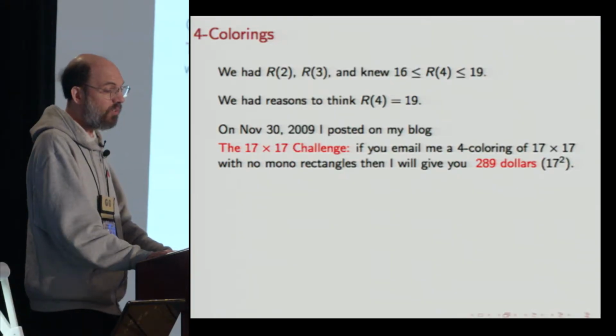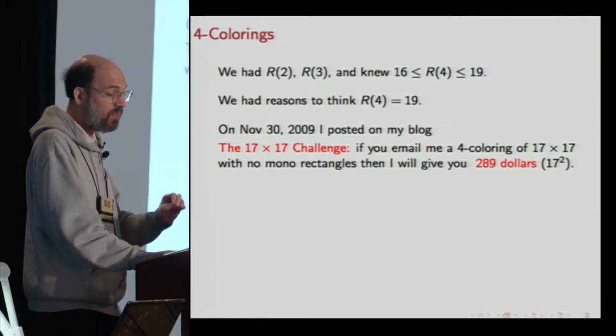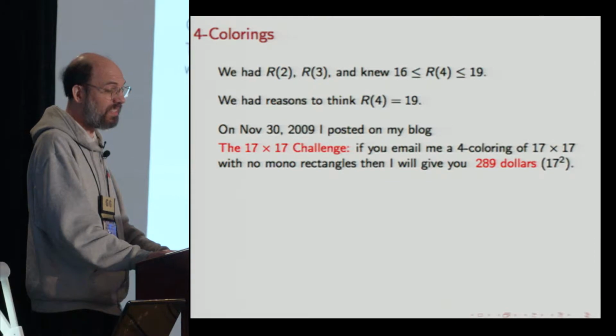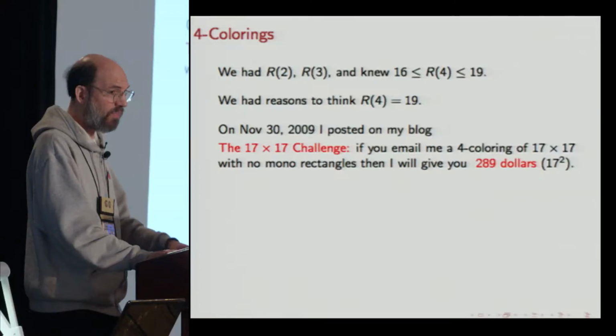Okay, so 4-colorings. We have R of 2 and R of 3. At one time, we knew that R of 4 was between 16 and 19. We had a reason to think that R of 4 was 19. That is, we had a reason to think no matter how you 4-color the 19 by 19 grid, you would get a monochromatic rectangle, but there was a 4-coloring of the 18 by 18 grid where you would not.